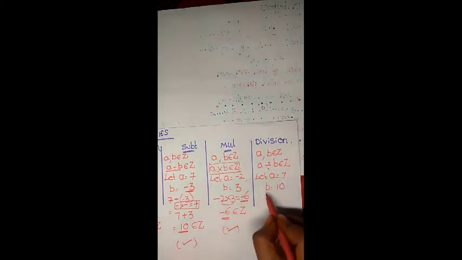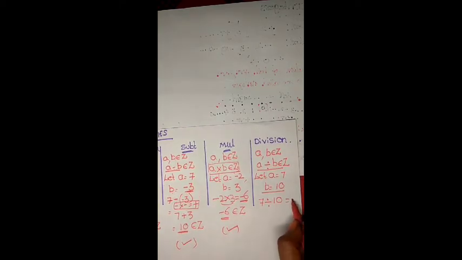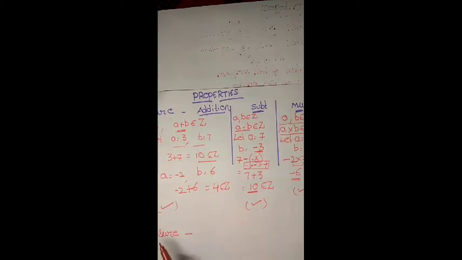Substitute these values in that condition. That is 7 divided by 10, which gives 0.7, which is a decimal number. In integers we have only positive and negative numbers including 0, but we don't have decimal values, so it does not belong to Z. So the closure property of integers under division is not satisfied.